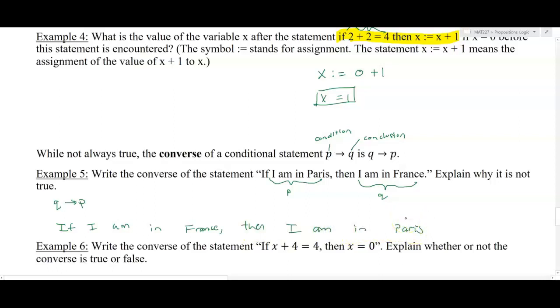I could be in France, but in a different city, so this is going to be a false statement. I could be in other places within France. I don't have to be in Paris.